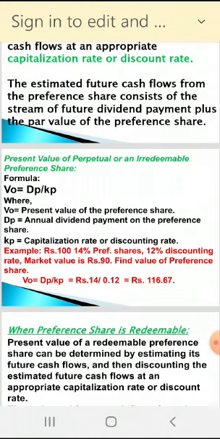Perpetual means this capital will remain with the company up to the life of the business. No refund is there during the life of the business. So a very simple formula we applied and we found the value of the irredeemable preference share.